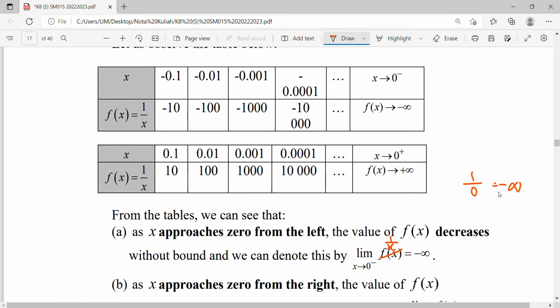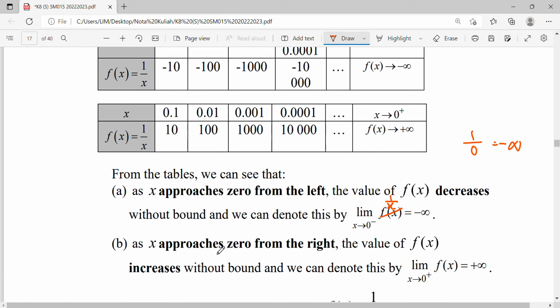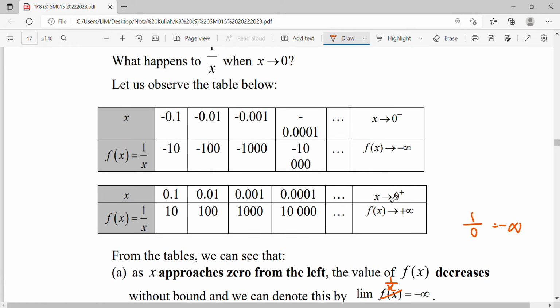So how do we get this negative? Later we will look at it. Understand the situation first. When x approaches 0 from the right hand side, it is from 0.1 and then getting closer, 0.01, 0.0001. You'll notice your function value getting bigger and bigger, so your function is approaching positive infinity.